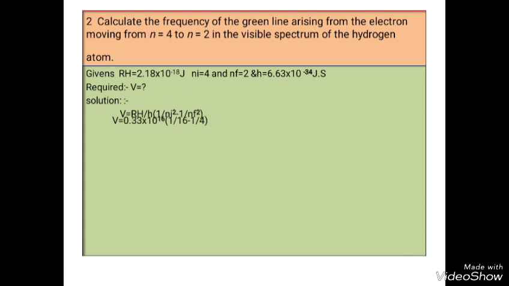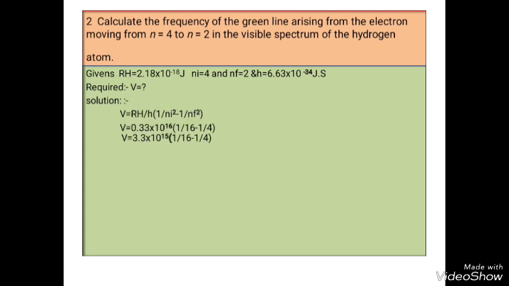And frequency equals 0.33 times 10 to the power of 16 in brackets 1 over 16 minus 1 over 4. How? The term RH, or Rydberg's constant, over h becomes 0.33 times 10 to the power of 16, and since the initial energy state is 4, when squared it becomes 16, and the square of the final energy state 2 equals 4.